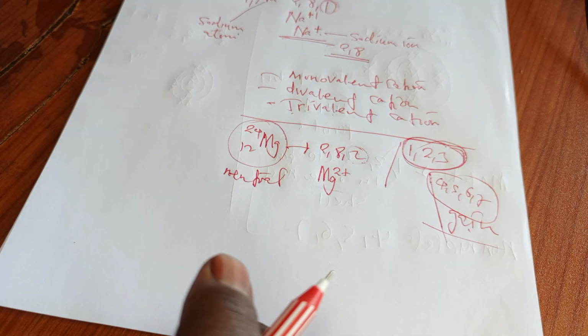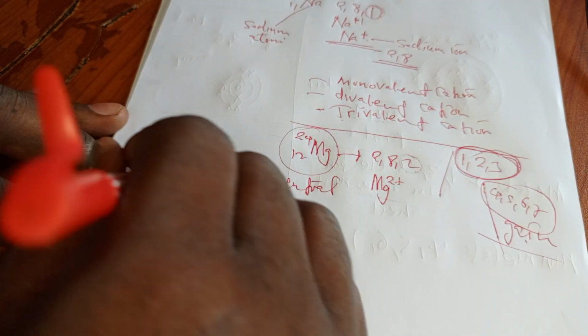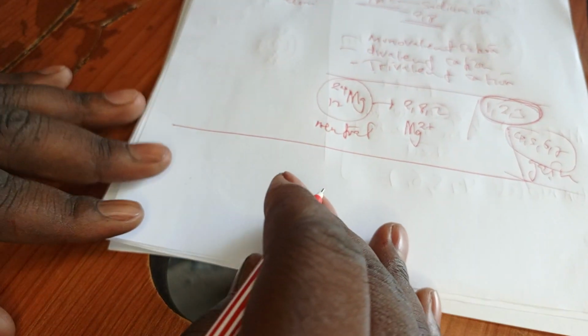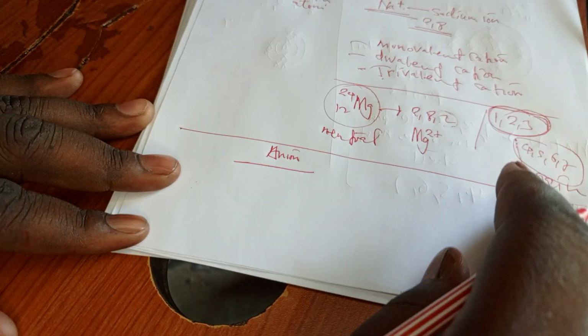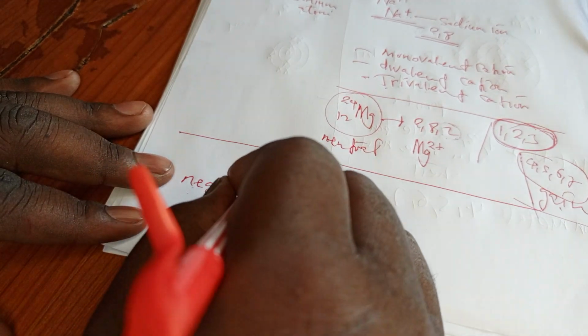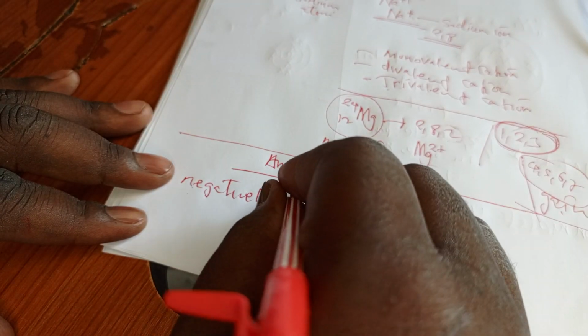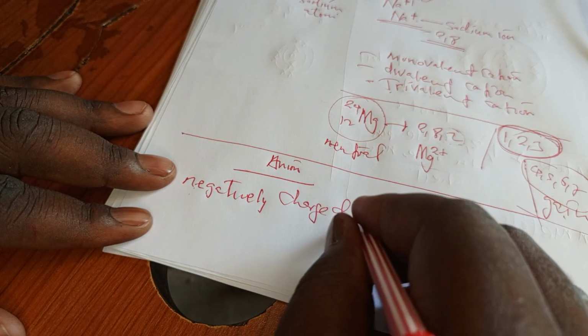Then now I'll go to the next part, which is anion. These are negatively charged ions, or particles.